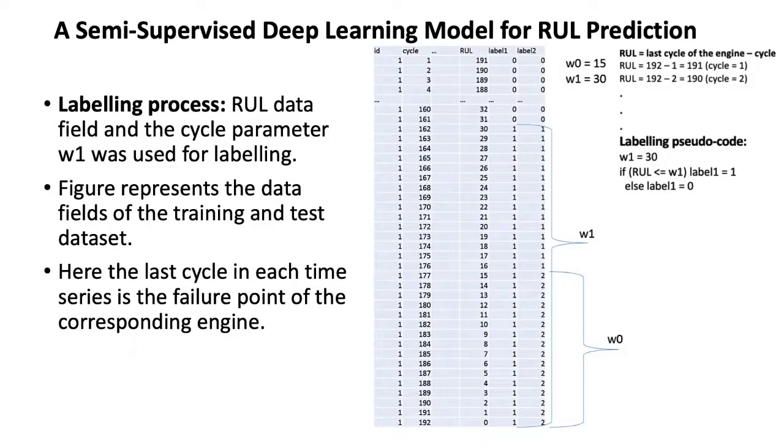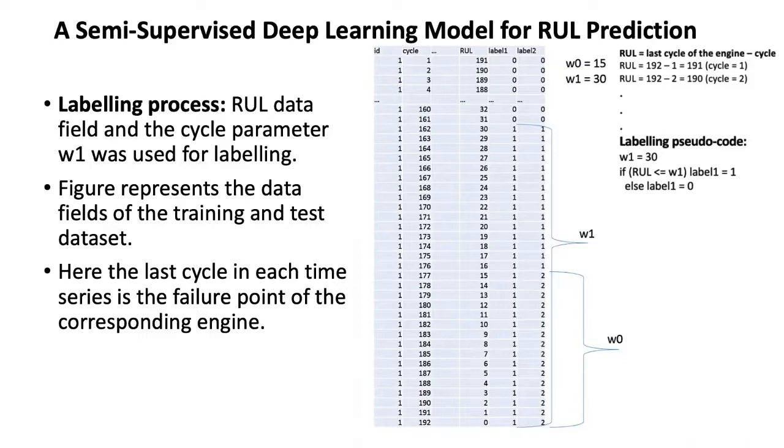In this data, each engine is assumed to be operating normally at the start of each time series, as we can see in the remaining useful life data field, and it starts to degrade at some point during this series of operating cycles. The last cycle in each time series can be considered as the failure point of the corresponding engine. As we can see in the dataset table, the engine with ID 1 fails at cycle 192.